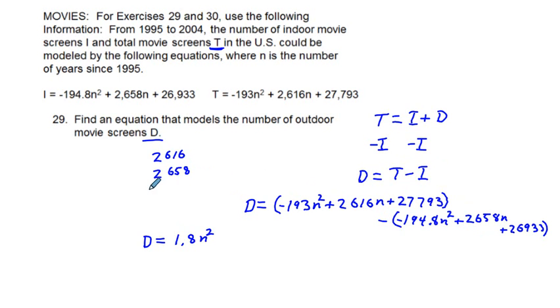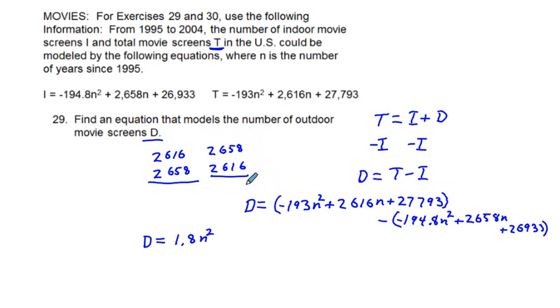So basically you're going to get a negative number here. One way of doing this is rewriting this as 2,658 minus 2,616, and that'll be the negative version of that.